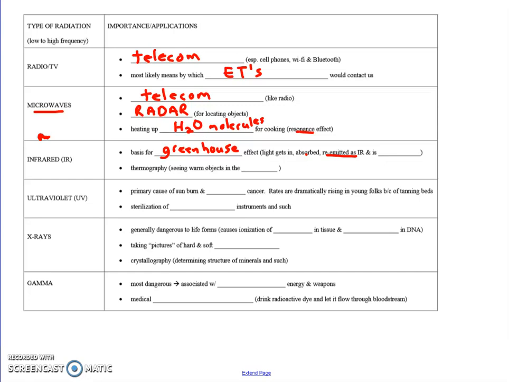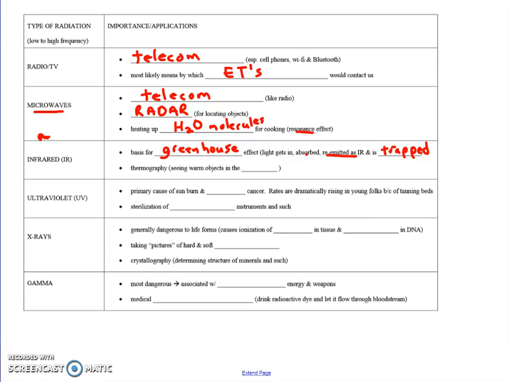Certain gases in the atmosphere, greenhouse gases, will trap some of that infrared, and that will cause a warming effect. By and large, that warming effect has been very good for humans and all other critters. It's just the recent, very rapid increases in the past century that have made things potentially dangerous.